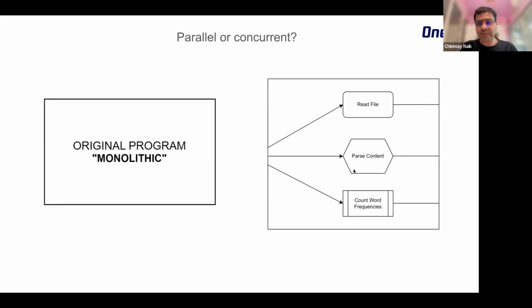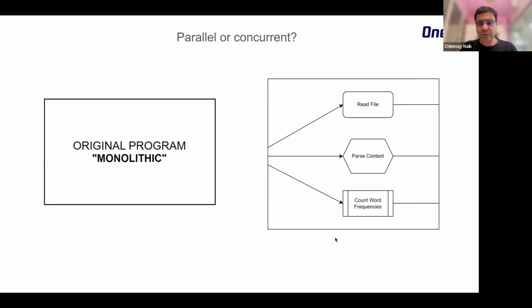We could debate on whether these are the right functions, the right boundaries between them, and the interface and whatnot. But from a simplicity point of view, let's say we start with these three functions.